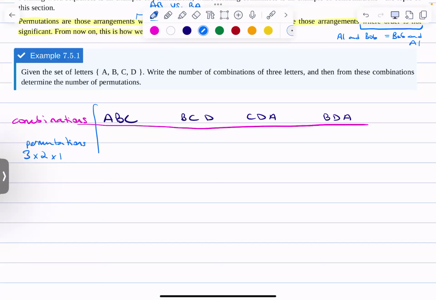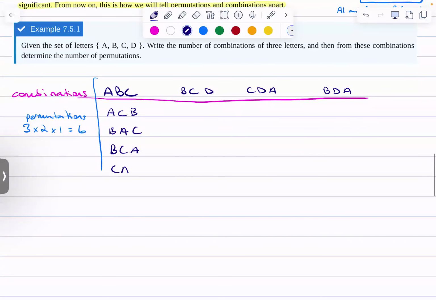But the first one that we listed is one of them, which means I have 6 permutations. So stealing them from here, I have ACB, BAC, BCA, CAB, CBA.